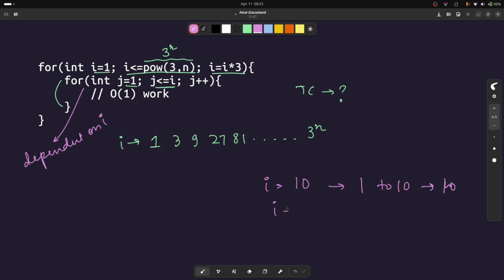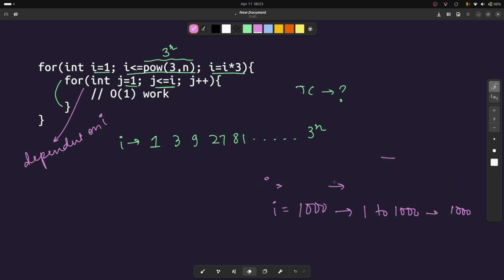If i's value is, let's say, 1000, then the j loop goes from 1 to 1000, which is 1000 iterations. Therefore, work done is 1000. Now let's try to figure out what is the total work done for this nested loop.